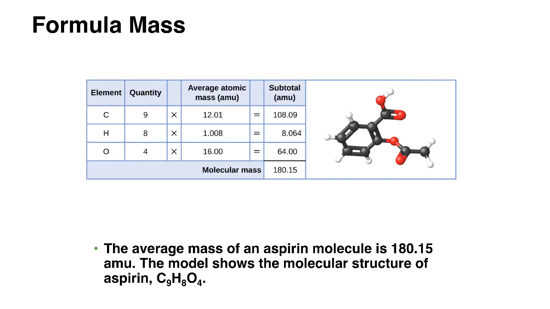And so to calculate the formula mass, you would take 9 times 12.01 plus 8 times 1.008 plus 4 times 16. And if you add all that up, you get 180.15. So the molecular mass or formula mass for aspirin is 180.15.